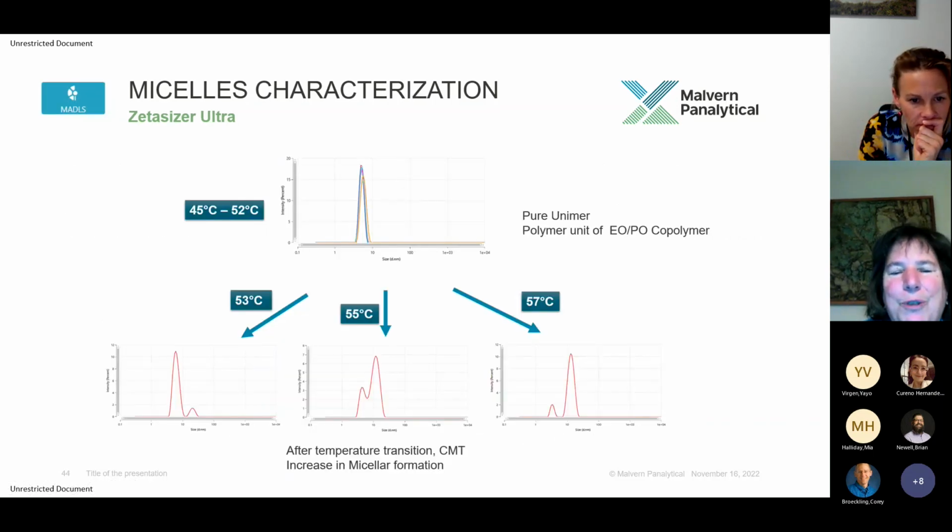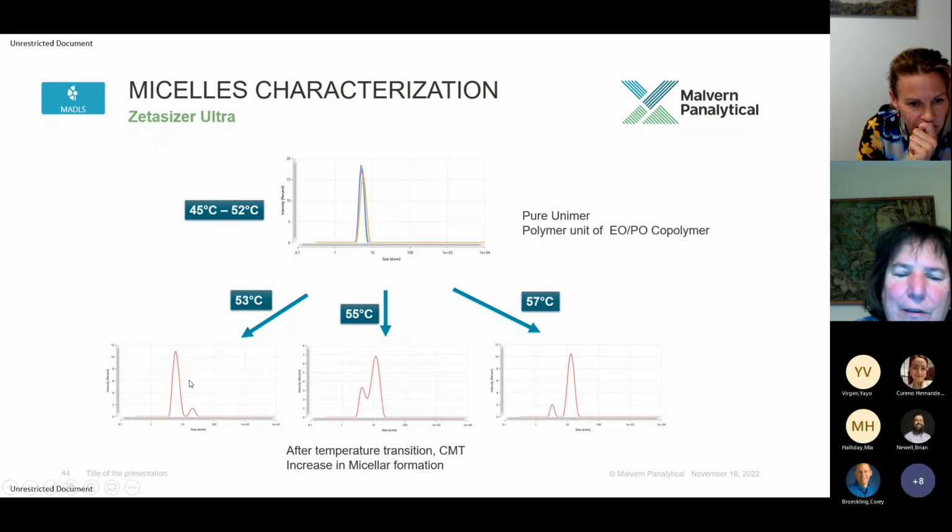And what's really nice about this data, from 45 degrees centigrade to 52, you see pure unimer, right? You see pure single monomer particle size results up until 52C.